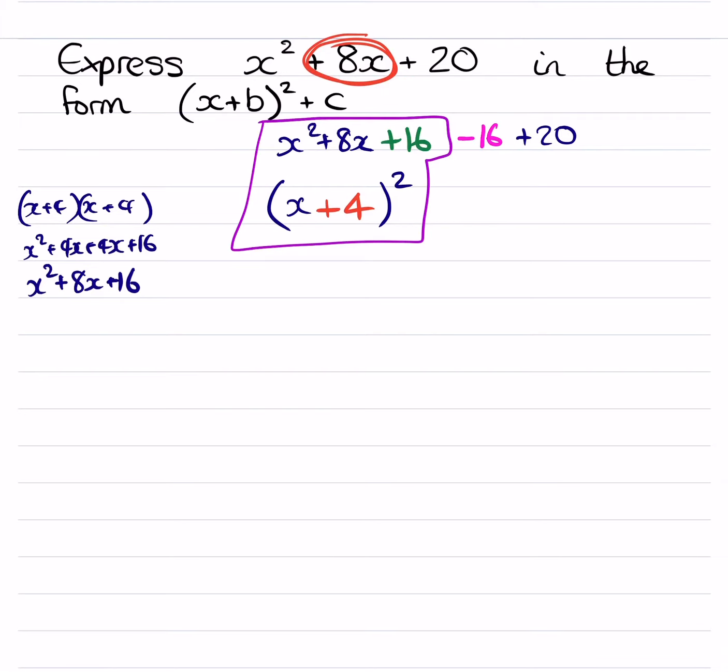So that plus 16 is now contained within this bracket, but the minus 16 is still on the outside, and it mixes with that 20. So that plus 20 and the minus 16 give us a plus 4 on the outside, and our square that we've completed is (x + 4) inside the bracket there.